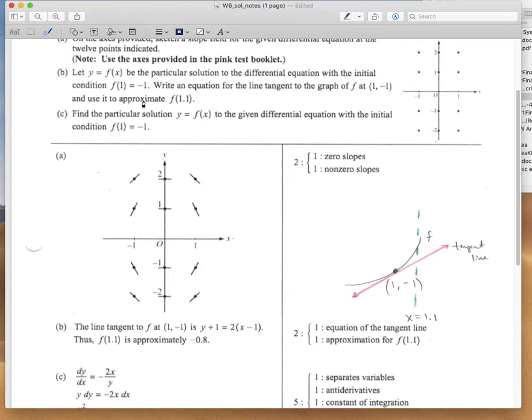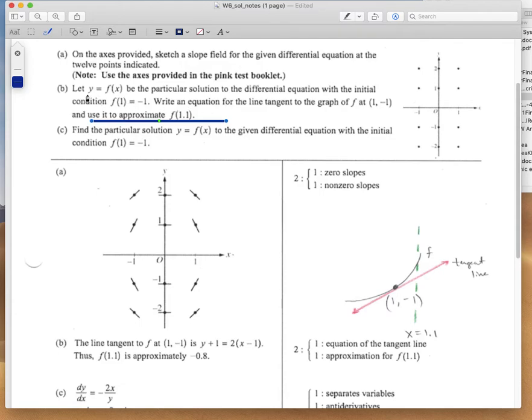But now we want to use the equation of the line to approximate f of 1.1. This is so easy, but it's confusing. So look, we don't know what f of 1.1 is. But if you look at this drawing, I've kind of drawn part of the solution curve that goes through 1, -1. And here's the line tangent to it.